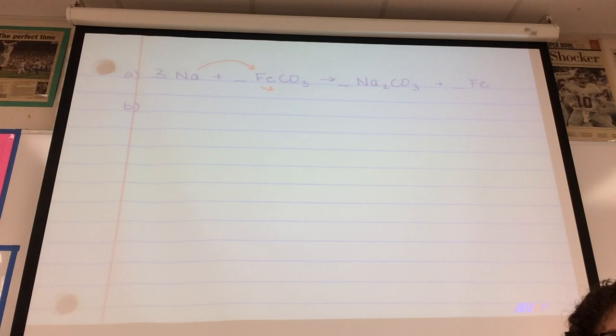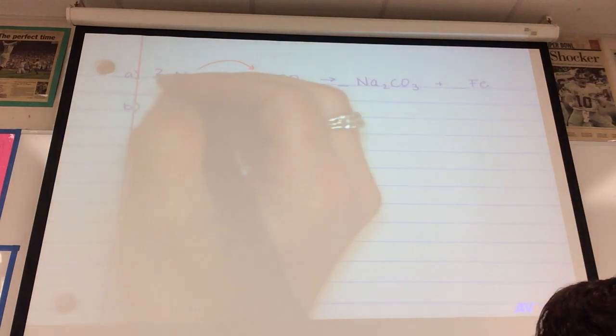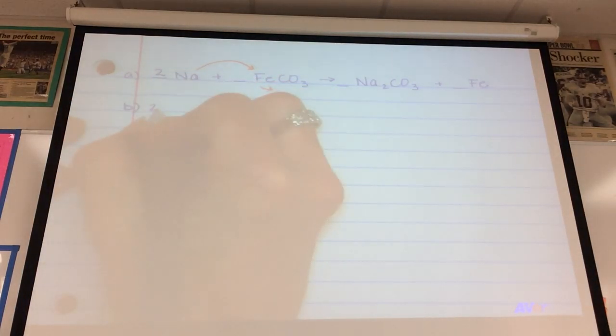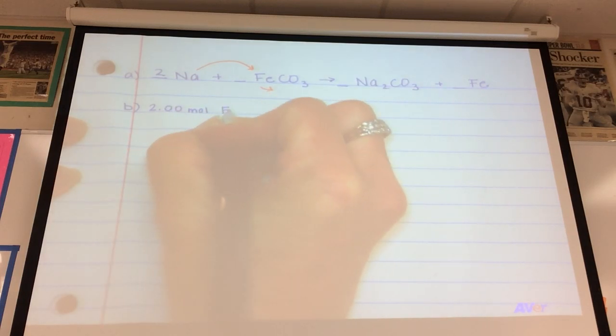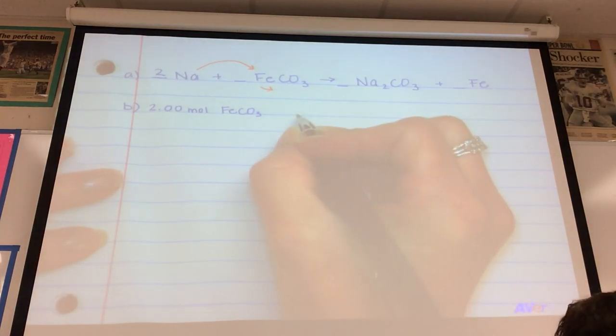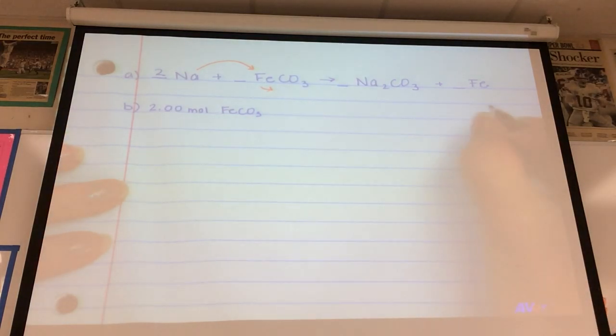What's the given? 2 moles of iron(II) carbonate. That's what I'm going to start with. And what do I want to get to? Mass of sodium.